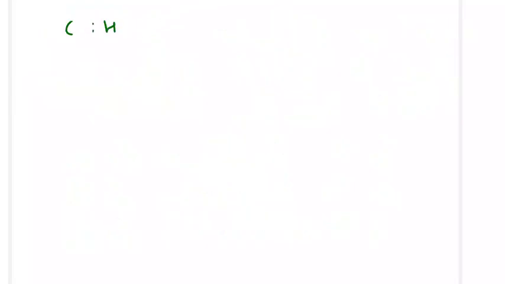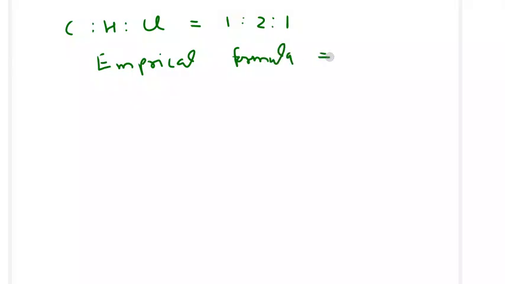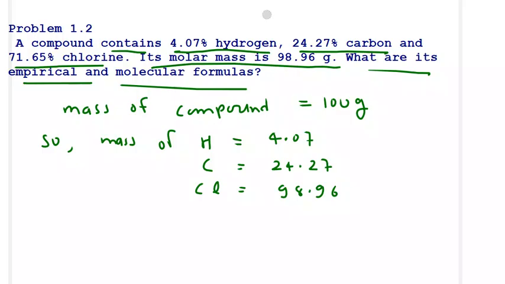Carbon, hydrogen, chlorine 1:2:1, which means its empirical formula equal to CH2Cl. In the question we have also been given the molar mass of the compound, which is 98.96.